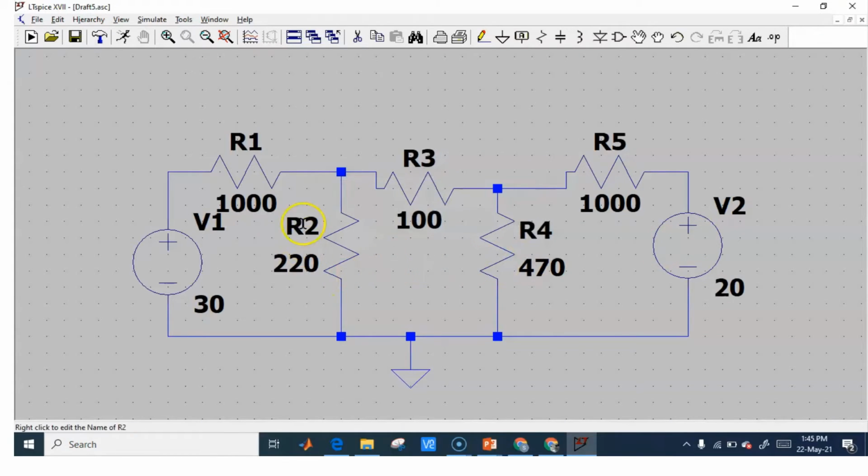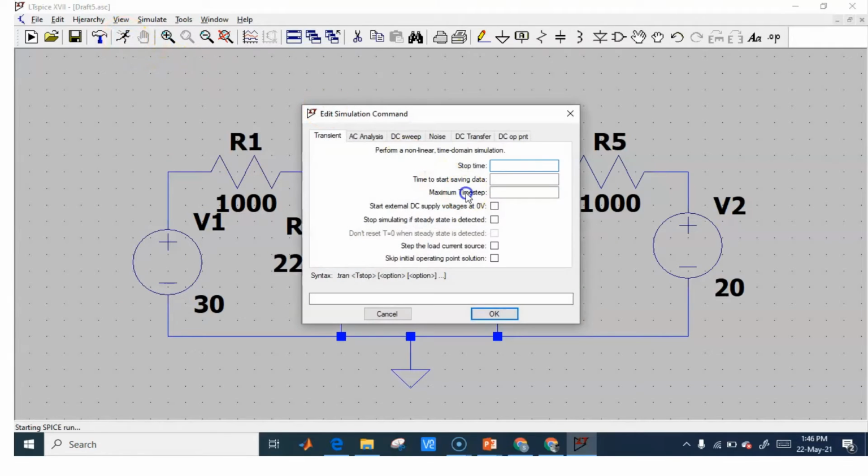Now we are going to find the voltage across 220 ohm. So first we'll check what is the voltage across 220 ohm by keeping the two supplies, and we can check as per the superposition theorem by keeping individual voltage sources. So now I am going to run the circuit.